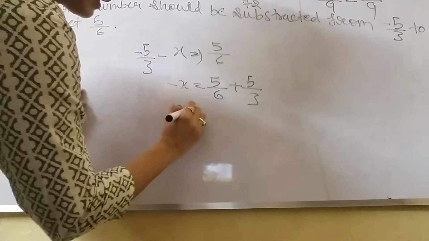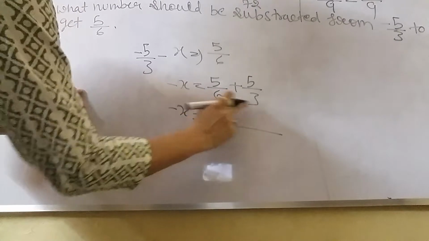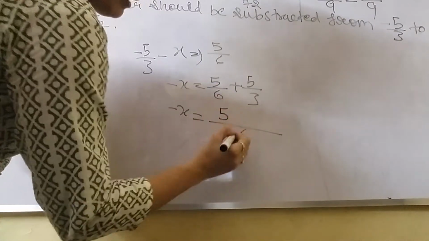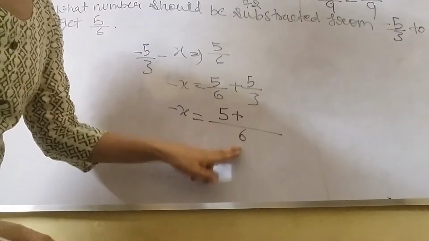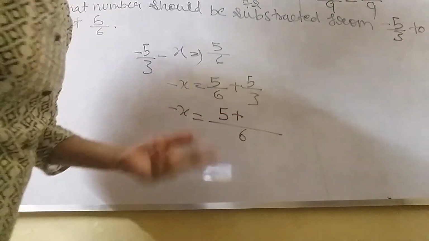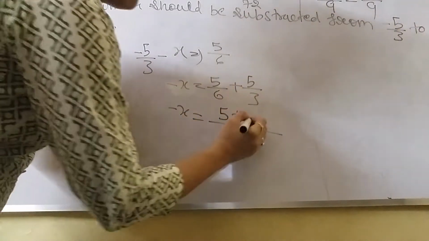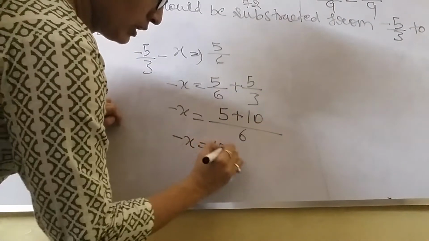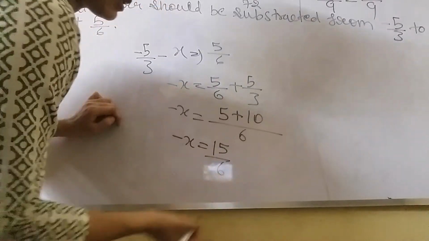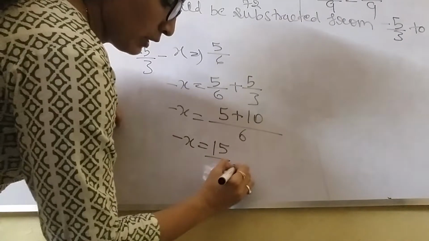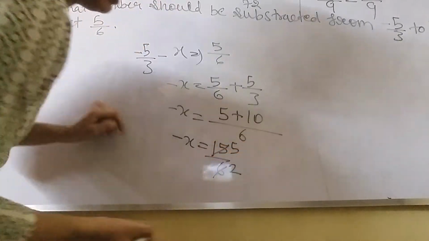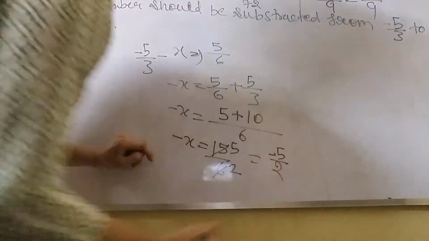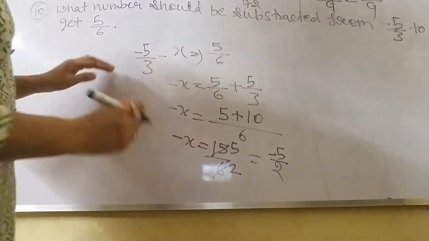That will be minus x equals, the LCM of 6 and 3 will be 6, and here we will have 5 plus 6 divided by 3, we will get 2, and 2 multiplied with 5, we will get 10. Now the value of x is 15 upon 6. That will be 3 2s are 6, 3 5s are 15, and this minus will go here, that will be minus 5 upon 2.